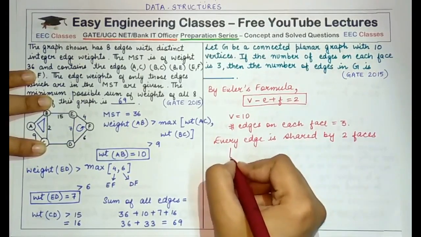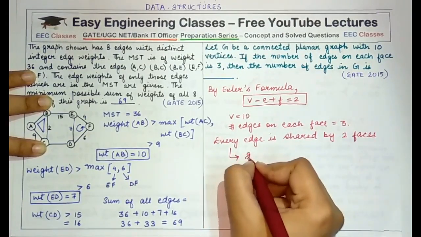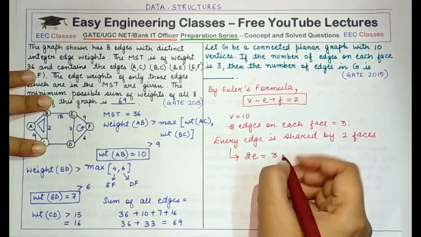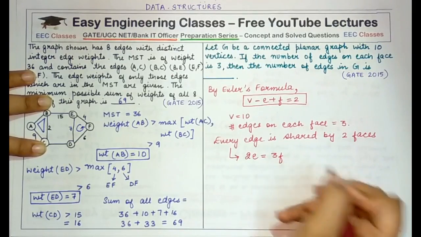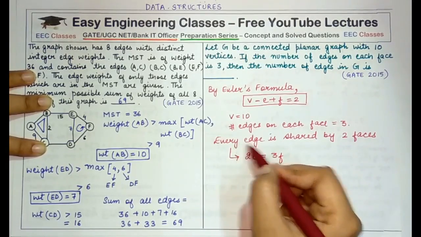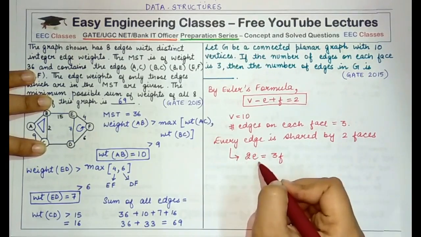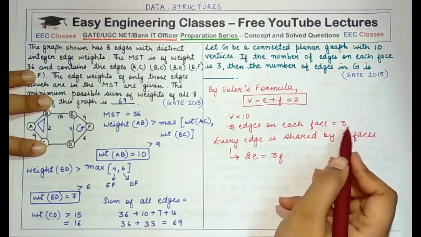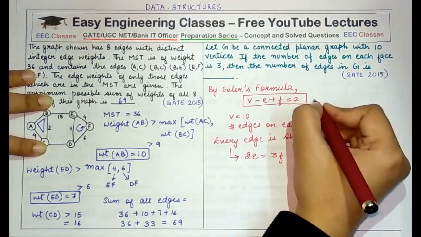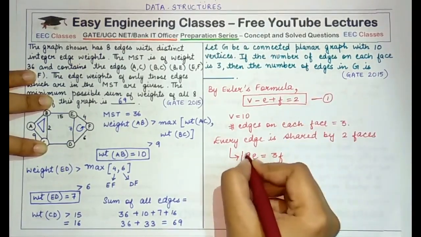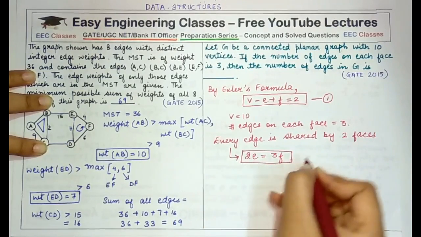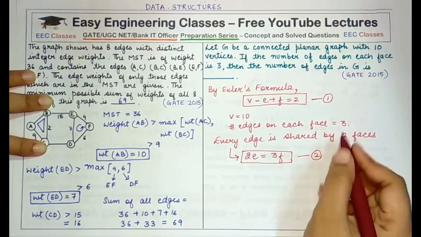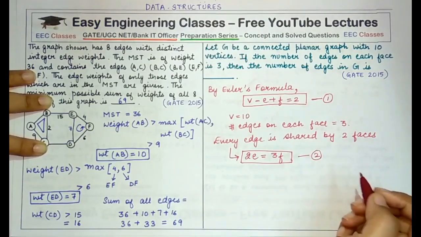Therefore, by the above 2 lines, you can safely assume the relation twice the number of edges is equal to thrice the number of faces. Because each edge is shared by 2 faces, and the number of edges on each face is 3. So this is relation number 1. This is the second relation that we can derive. And now if we equate both these relations, we'll get the desired answer.